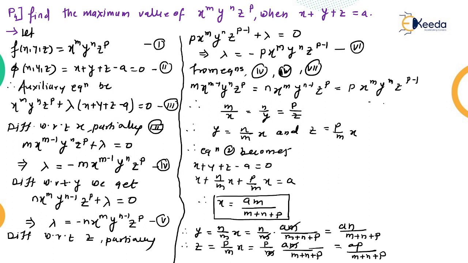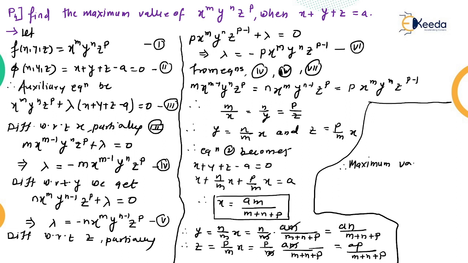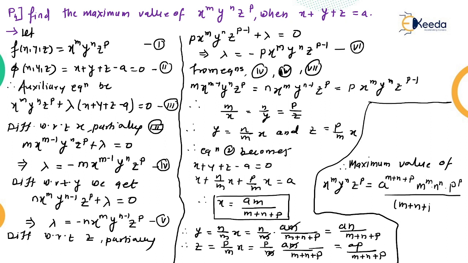Okay, and the last part of the answer is remaining: you have to write the maximum value of the function. Therefore the maximum value of the function x raised to m, y raised to n, z raised to p is equal to a raised to m plus n plus p into m raised to m, n raised to n, and p raised to p, divided by m plus n plus p, the whole bracket raised to the power m plus n plus p.